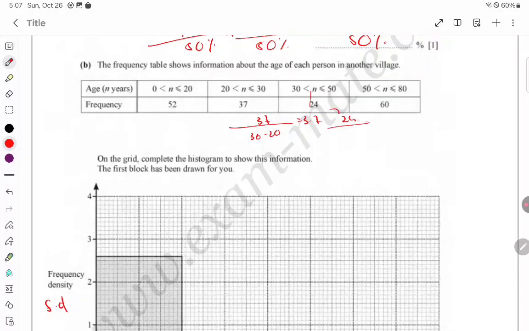For this one, 24. The range 50 minus 30, and it will give you the answer of 1.2. And for 60 over 80 minus 50, it will give you the value of 2.